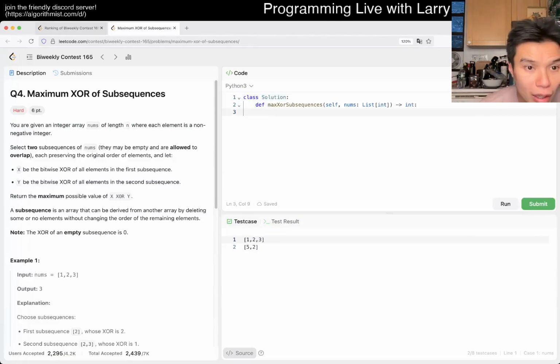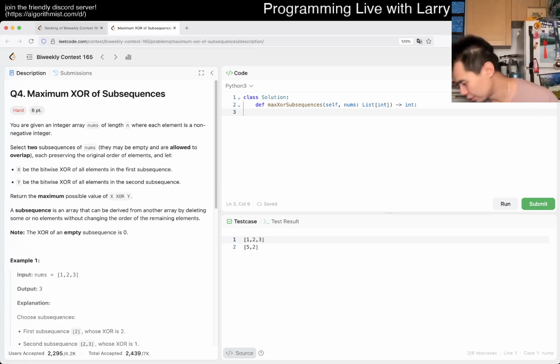But all right, integer array nums where each element is a non-negative integer. All right, let me read it. Okay, you're given nums. Select 2 subsequences in which x is the bitwise XOR of all the bits in the first subsequence.